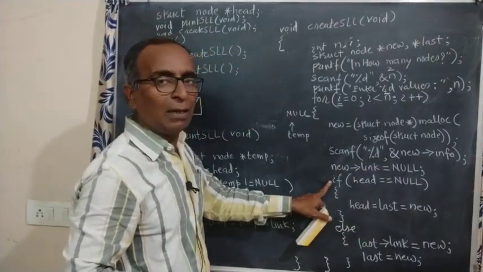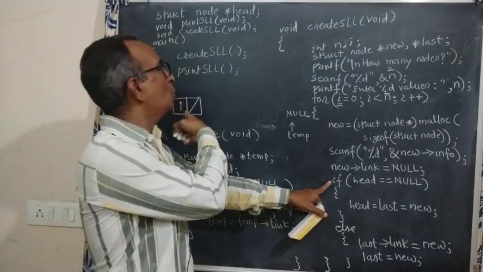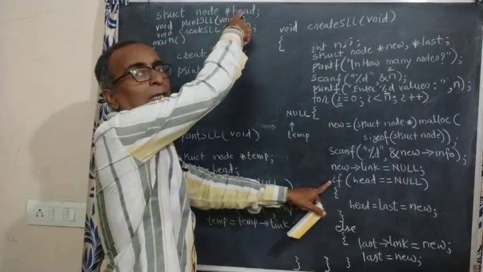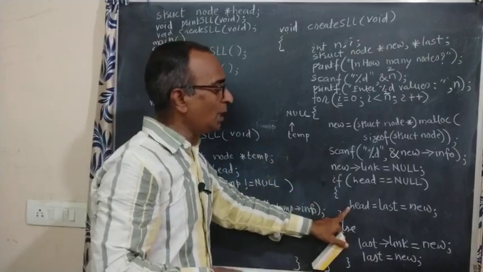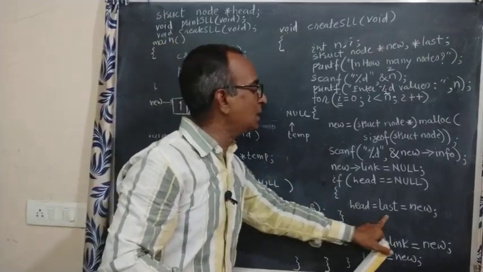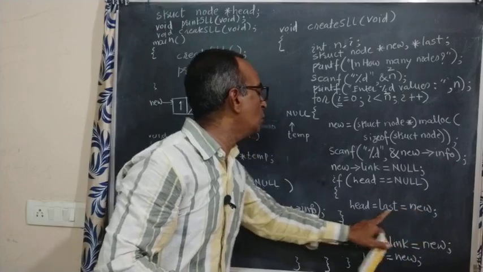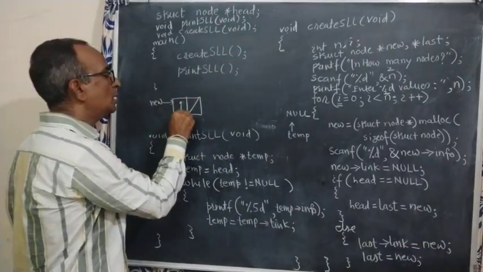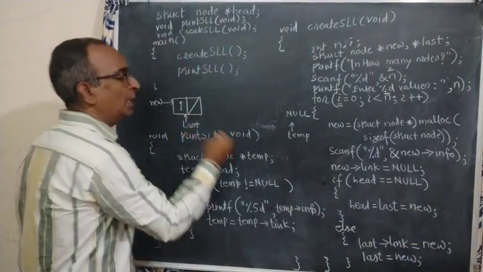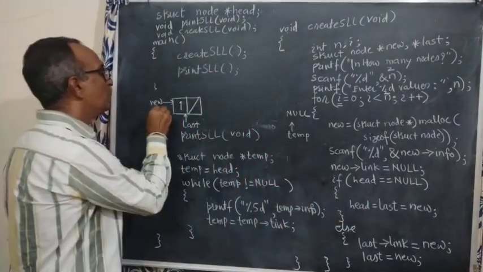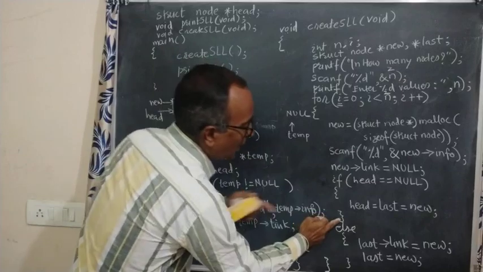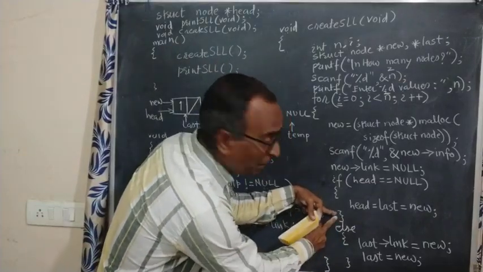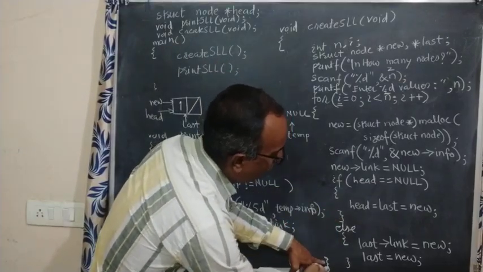If head is null for the first node, because head, a global variable, is initially initialized to null, what are we doing? Head is given last, last is given new. So this will be last, and that is given to head. This head is also pointing to this node. Then the if block is completed, and it will go to the end of the for loop.